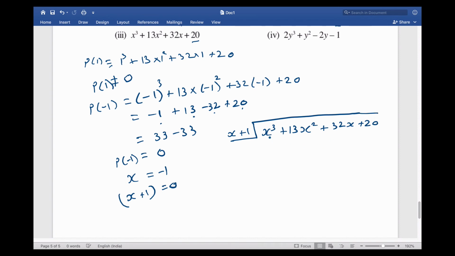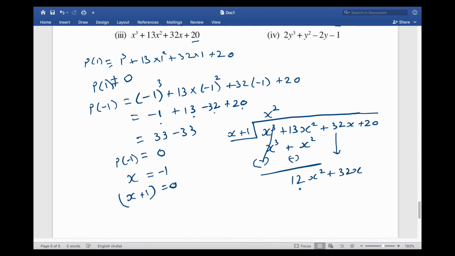So let us divide now. I want x cube, so I will simply multiply with x square. So I get x cube plus x square and the signs will change. This and this get cancelled. I will be left with 12x square. This we will bring down plus 32x.